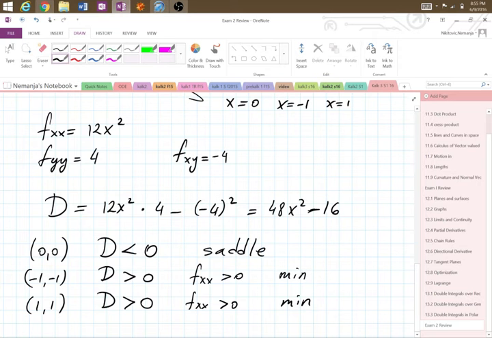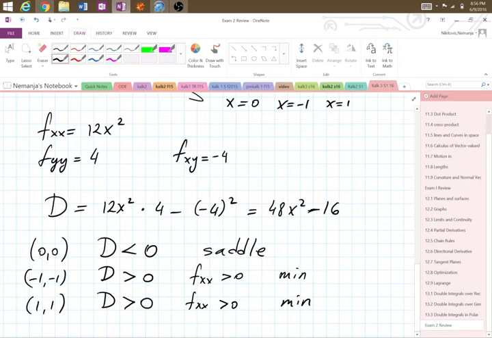Yes, Matt? What do you mean (1, 1)? D is larger than 0, fxx is larger than 0, it's a minimum by definition. No, fxx squares it, right?